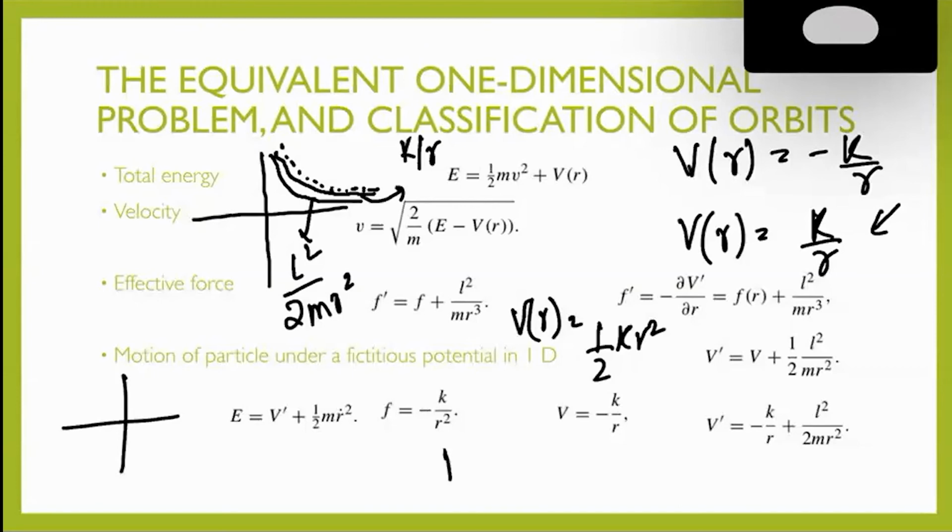Take V of R as K by R square. Take V of R as K by R square. Now see what is the difference. Okay, one more person is right.